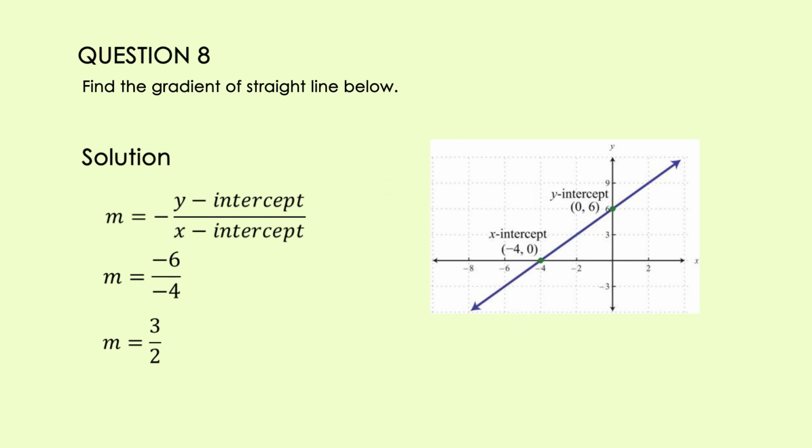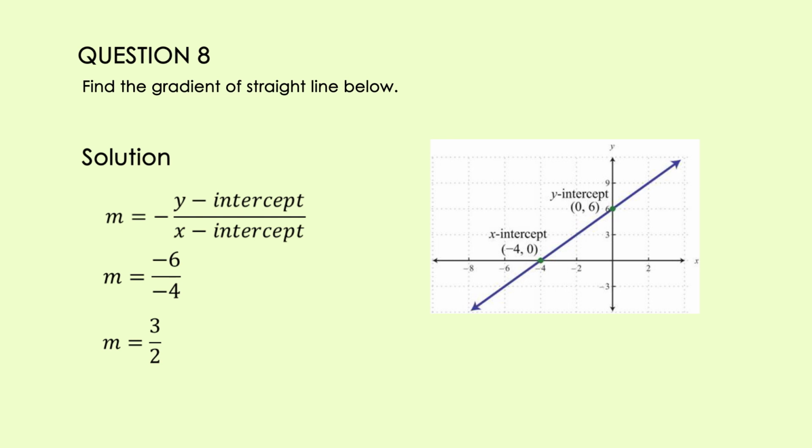Question 8. Find the gradient of the straight line below. From the graph, again, we can see that there are 2 points, 0, 6, which is the y-intercept, and negative 4, 0, the x-intercept.